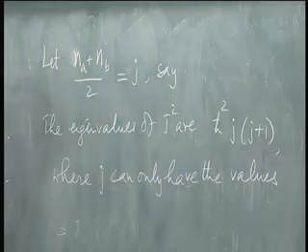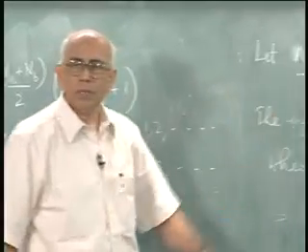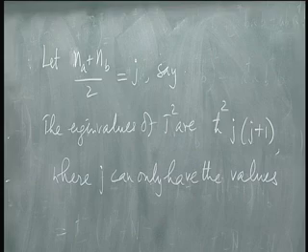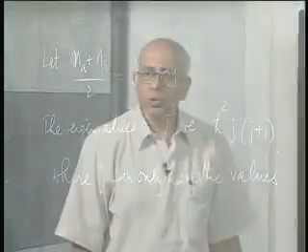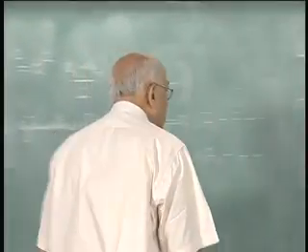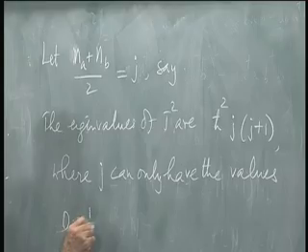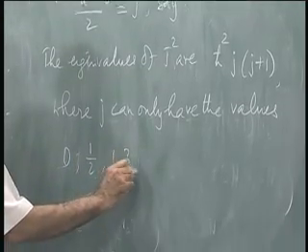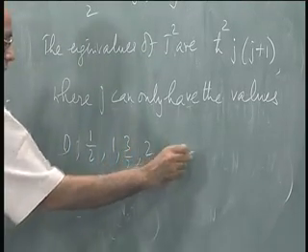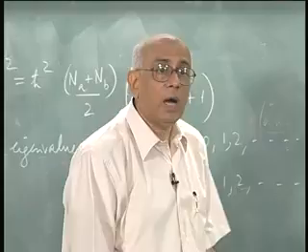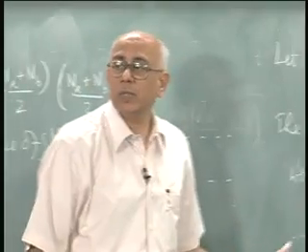What are the possible values of J? These guys must be non-negative integers, 0, 1, 2, 3 etc. So what are the possible values of J? 0, half, 1, 3 halves, 2, 5 halves and so on. So we see half integer appears naturally in almost magical way.